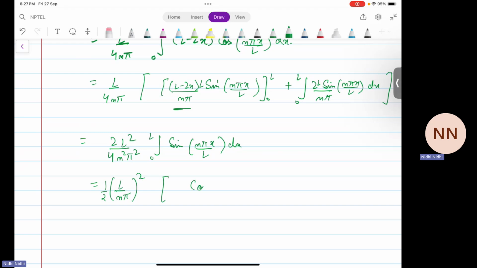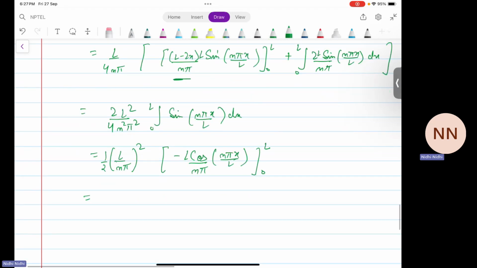Integration of sine is minus cos(nπx/L) by nπ/L, from 0 to L. So this is minus L cube by 2n cube π cube.